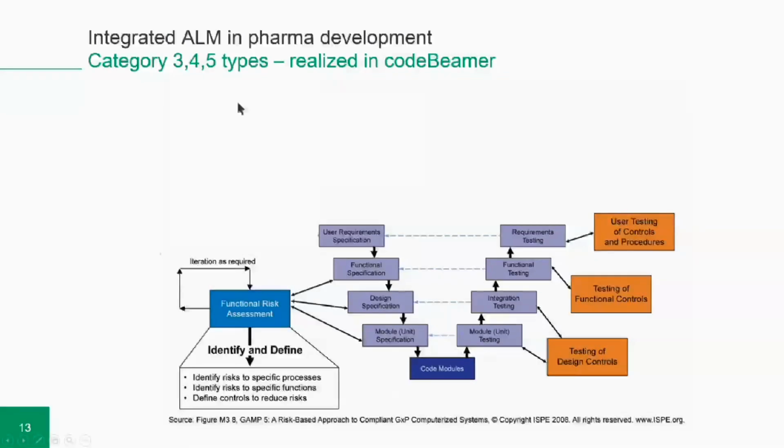Another reason is that Codebeamer has other templates in which this kind of work is actually done. So Intland has ready templates with this part of the work. So in our GAMP template, we started with the assumption that the end user has a user requirement specification done, and our activity starts from that step.